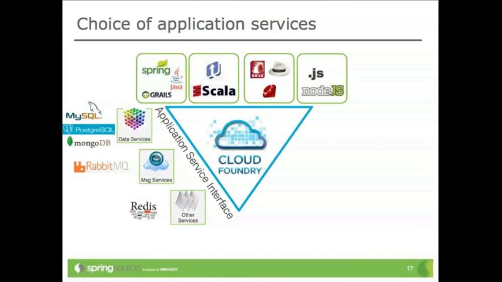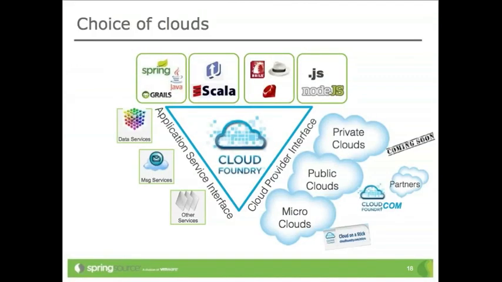So you can provision a database, either MySQL or Postgres. You can provision MongoDB, which is what we'll be looking at more in the rest of this presentation. You want a message service? Well, right now we have RabbitMQ available. If you need a key value store, Redis is available right now. And as time goes on, we'll add more and more of these application services.